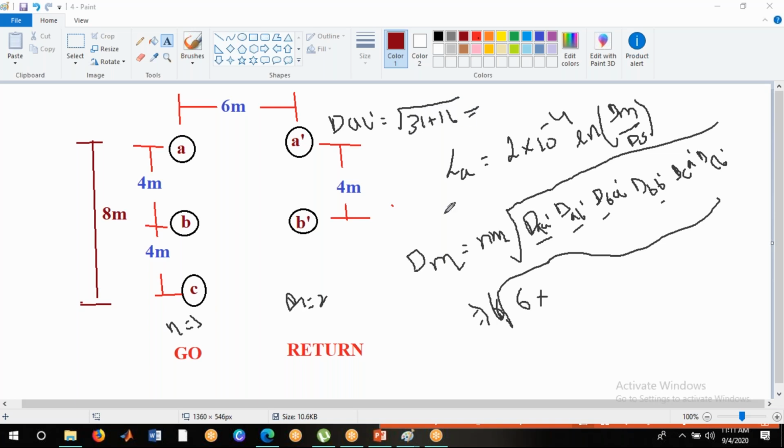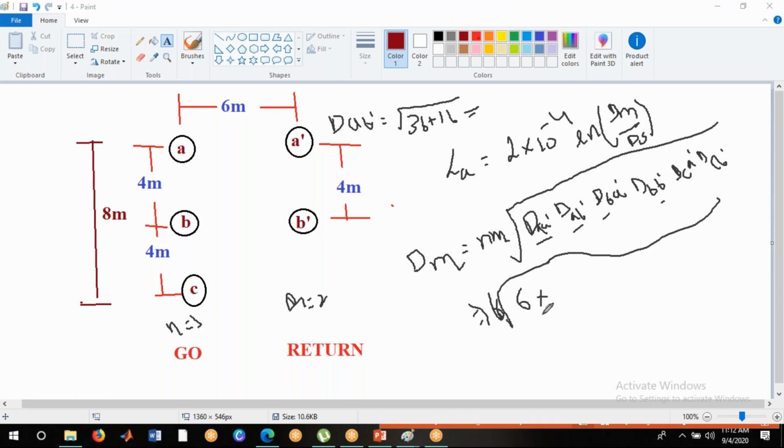Now what is the value here? What is the square root of 36 plus 16? Students, what is the value of DAB dash?